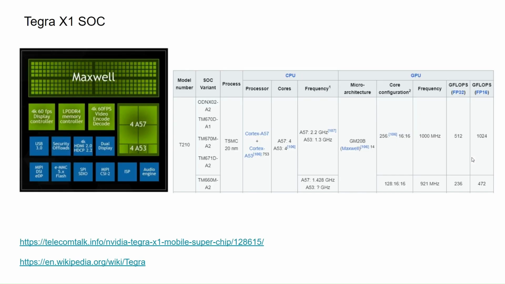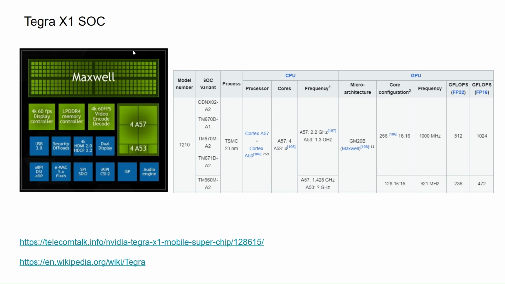Now the SOC. This particular image is basically the SOC of Tegra X1. SOC is system on chip. In an SOC, we have the GPU, we have the CPUs, and we have all the other functionalities which are needed for driving a particular board.